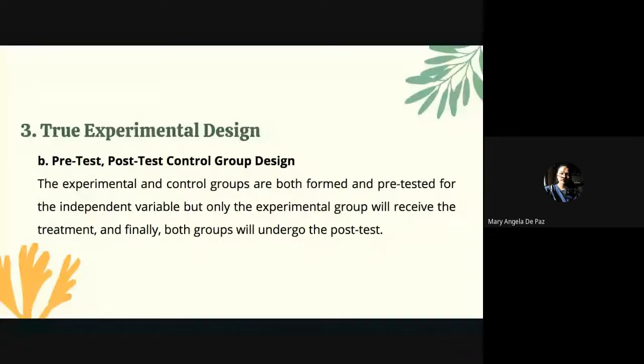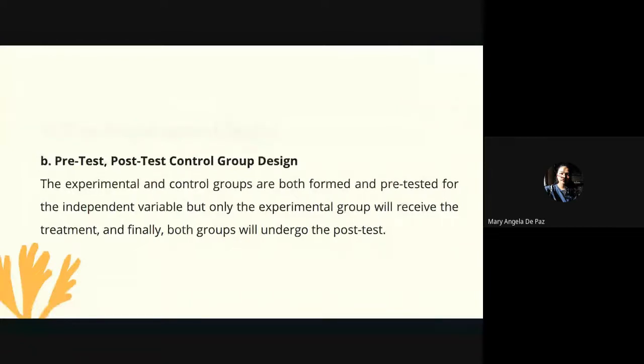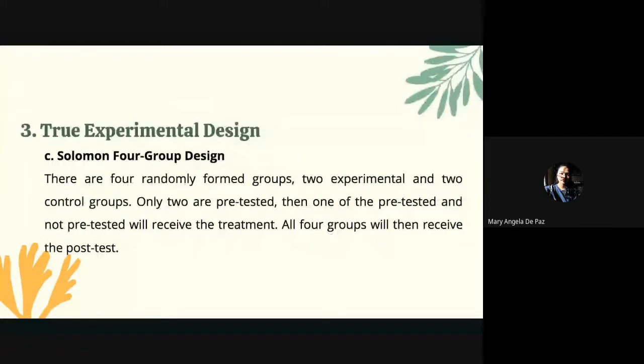Next, we have Solomon 4 group design. Okay, so there are randomly four groups, two experimental and two control groups. Only two are pre-tested, and then one of the pre-tested and non-pre-tested will receive the treatment. All four groups will then receive the post-test.